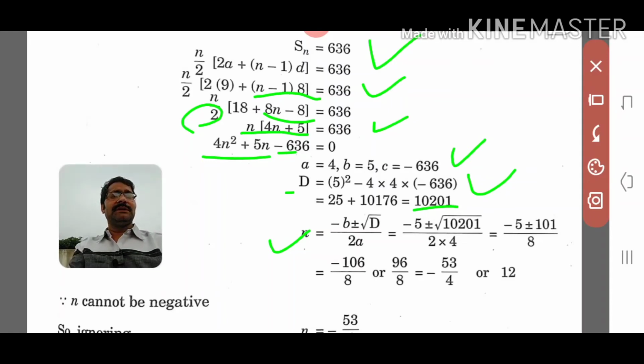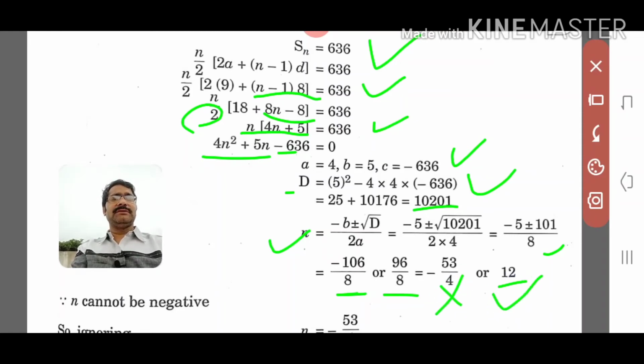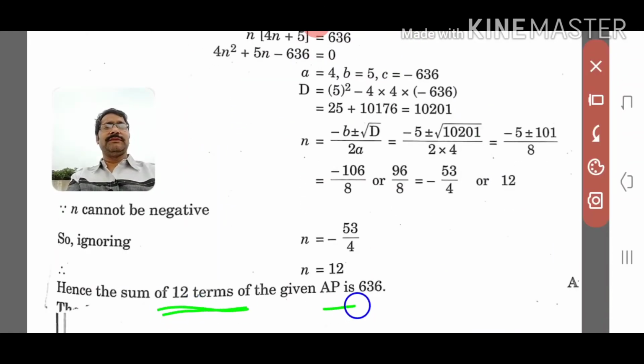The square root of 10,201 is 101, so you will have minus 5 plus minus 101 upon 8. Solving, you get minus 106 upon 8, or 96 upon 8. 96 upon 8 is 12, and negative is not valid, so n equals 12, which means 12 terms will give 636.